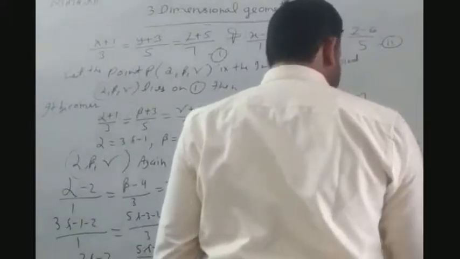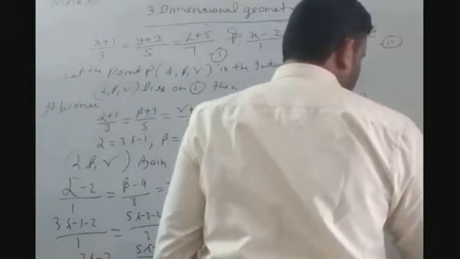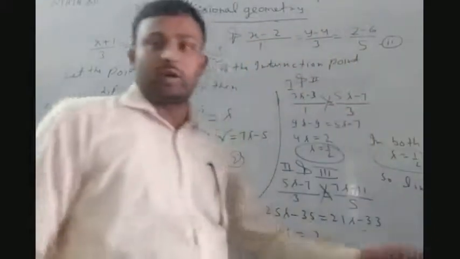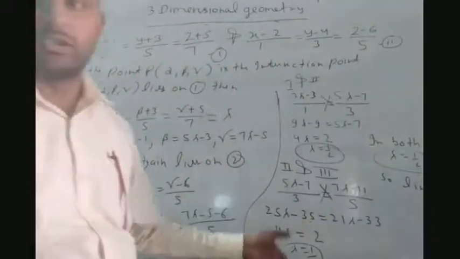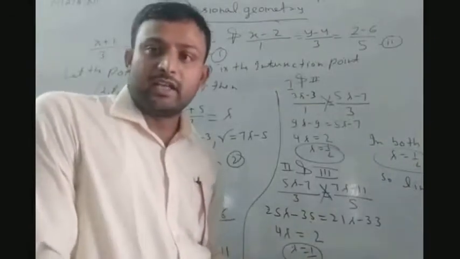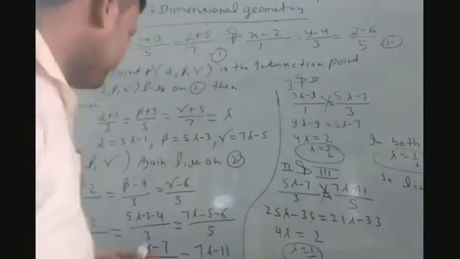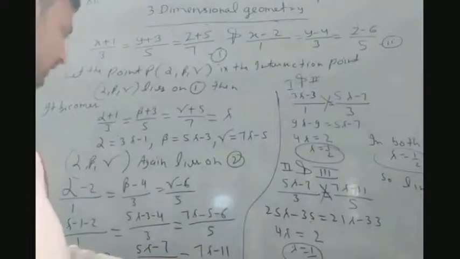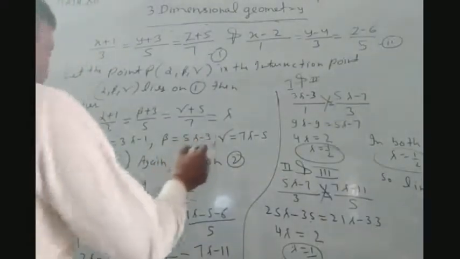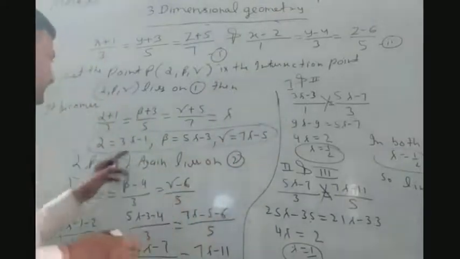So the lines intersect at a point. And what will that point be? We will put the value of lambda in the general point of the line.